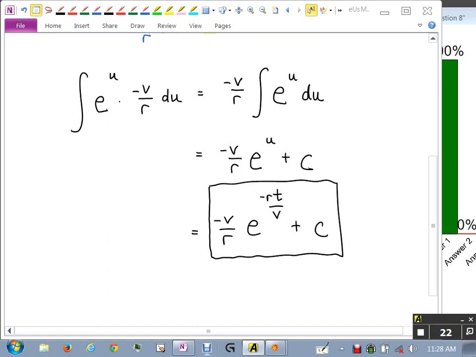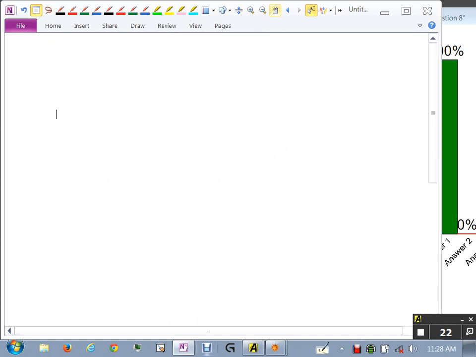All right, so now the homework question. Someone asked about this integral: x cubed over the square root of x squared plus 1, dx.